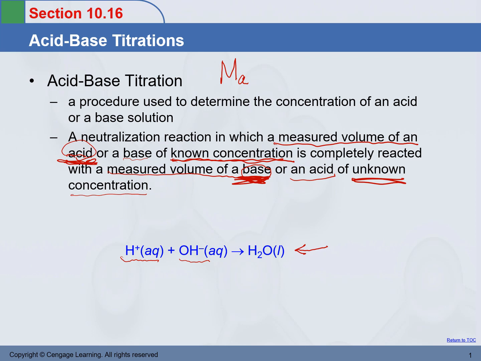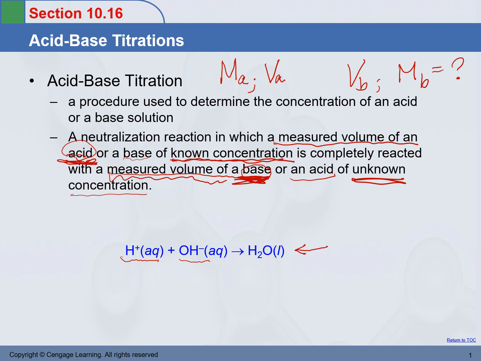So we know, number one, Ma. Number two, we know the volume of the acid reacted. We also know the volume of the base, a measured volume of a base reacted with the acid. We are trying to figure out the concentration of the base.